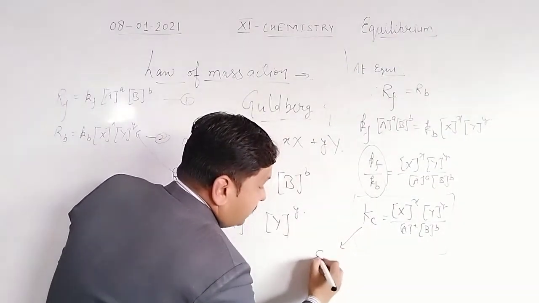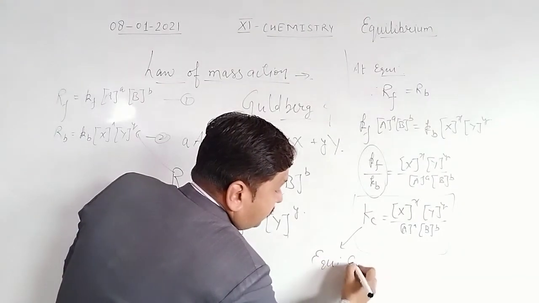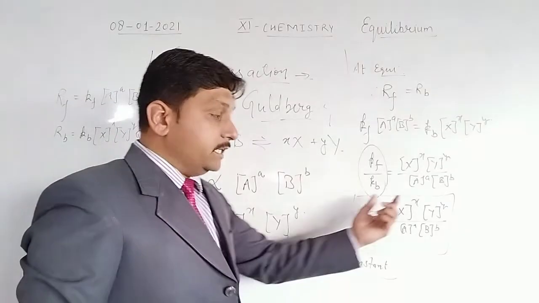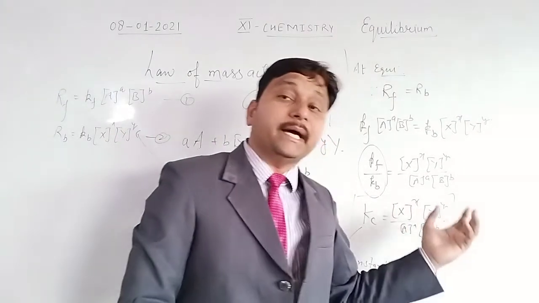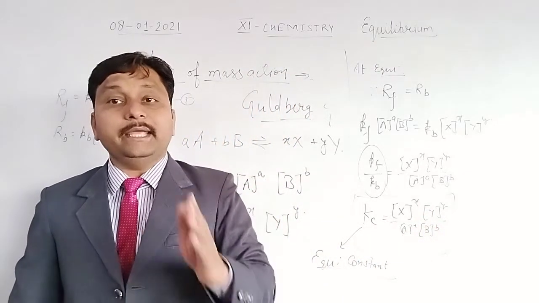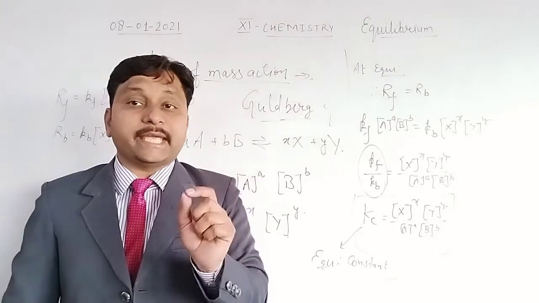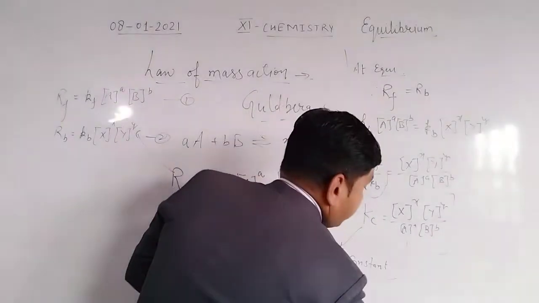So this is the Kc, and Kc is known as the equilibrium constant. And this ratio is represented by the law of chemical equilibrium. This is the second law, that is the law of chemical equilibrium.